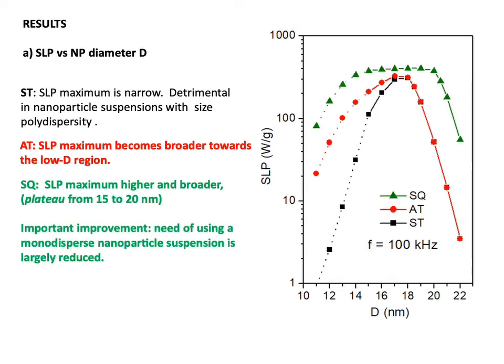While using a sawtooth, a square, the SLP maximum is higher, broader, and spans over an interval of dimension that goes from 12 up to 20 nanometers. That is an important improvement, because you don't have to deal with monodispersed nanoparticle suspensions that in practice are very difficult to obtain.